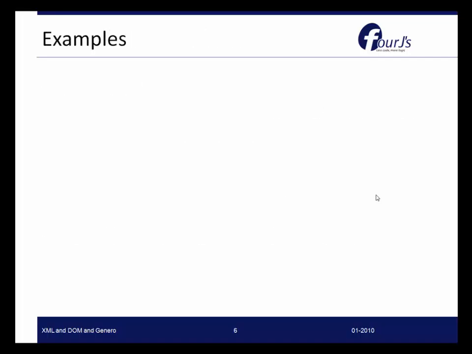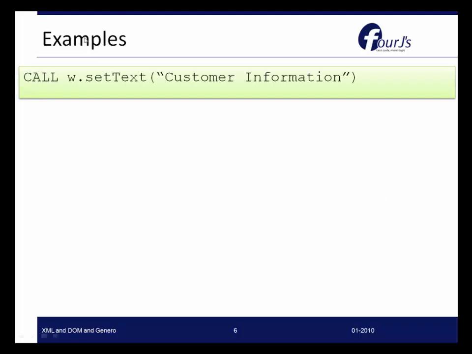So some things you might see in the code in terms of manipulating the DOM. Some of the methods include things like setting the text. So here, if we assume W is a specific window object, we're using a setText method, which is really going and setting the text attribute of a particular node in the tree. So again, a Genero method is using the DOM API to affect that DOM document, but we have some nice, easy methods for you to use.